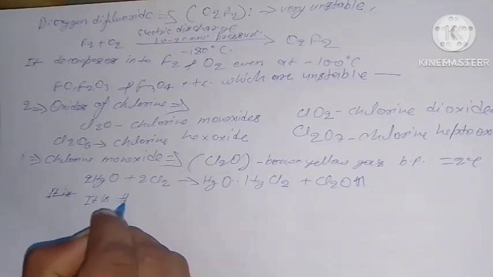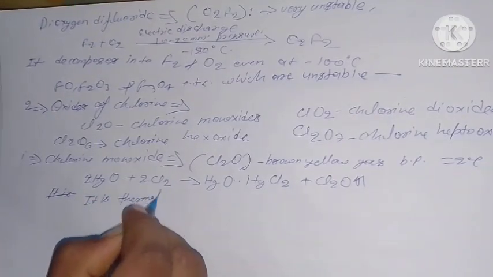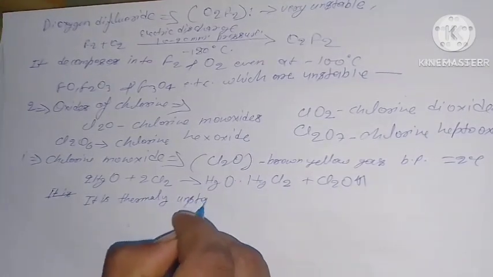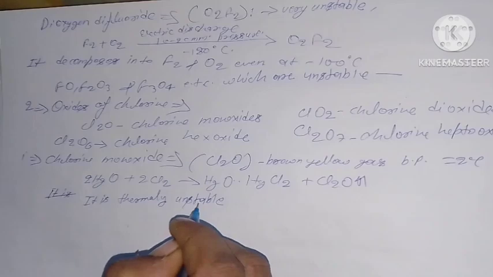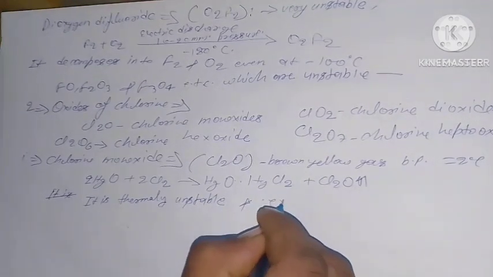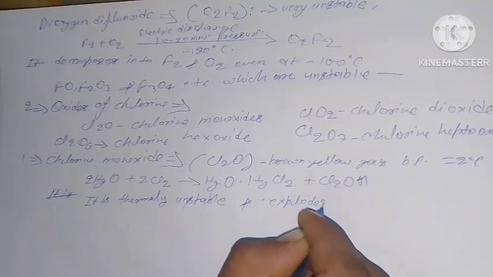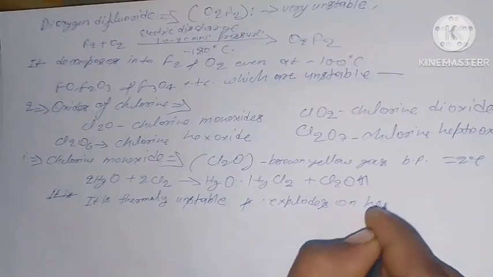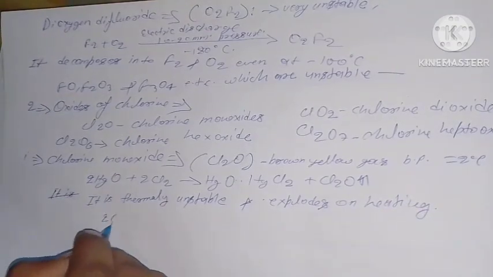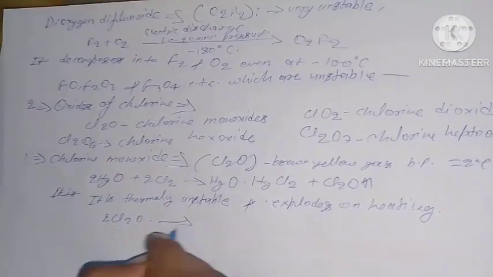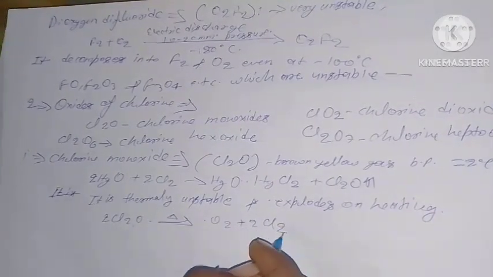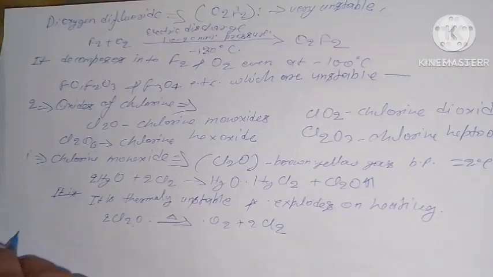It is thermally unstable and explodes on heating. 2Cl2O on heating gives O2 plus 2Cl2.